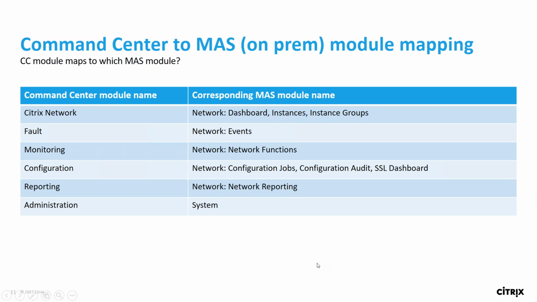The reporting module, as in Command Center, the same use cases, if you were to find in MAS, would be under the network reporting module. As I mentioned, it would have the inbuilt reports. And the administration module in CC, some of the administration and system level functionalities, those use cases would be found under the MAS system module.